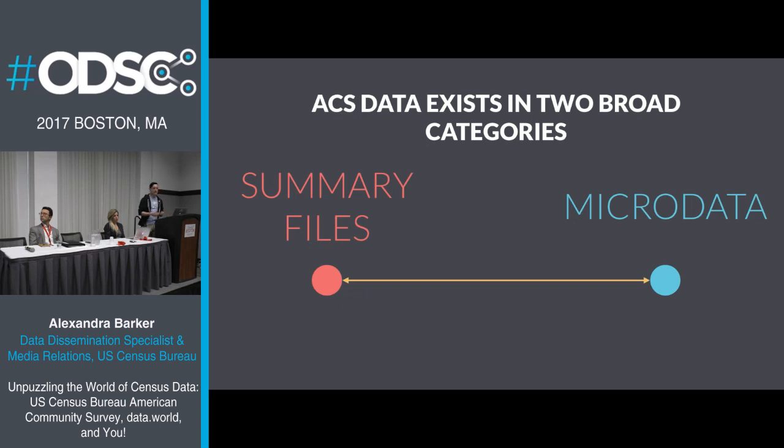And this is something that Alexandra already hit on. So ACS data exists in two broad categories. There's the summary files. Those are the pre-tabulated population estimates by geography. It's practically every geography you could possibly think of, from the entire United States all the way down to those block levels. And the summary files are fantastic. They have a lot of pros. One of the pros, I would say, is that there's no compute time.